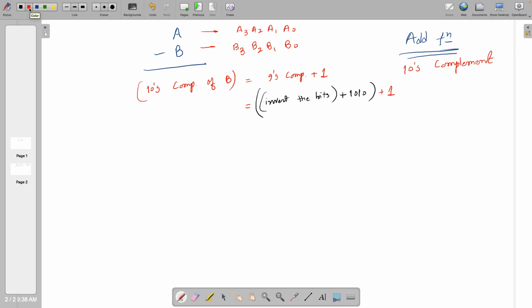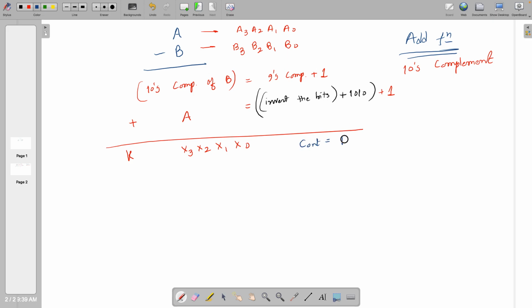So once you have the 10's complement, what you are going to do is add this with A and check the number. Let's assume that number is x3, x2, x1, x0 with one carry K. So you are going to check K and other inputs like x3, x2, x1, x0, as we did last time in one of the classes.